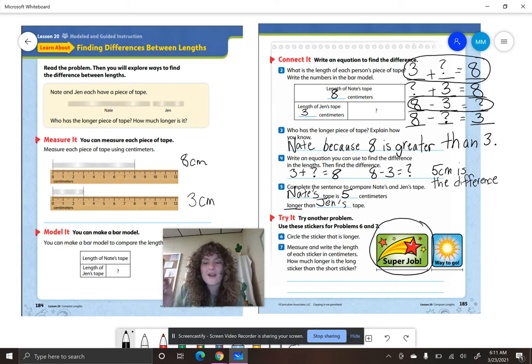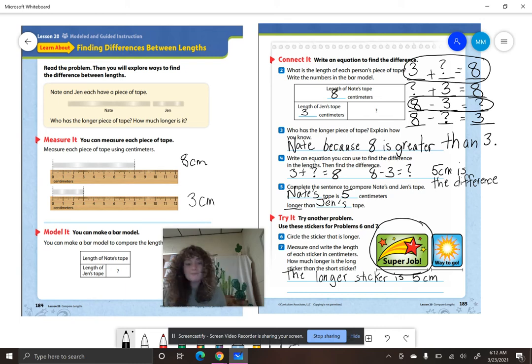Awesome. All right, let's write 5 centimeters. I'm going to write 5 centimeters right here. I'm going to say the longer sticker is 5 centimeters.